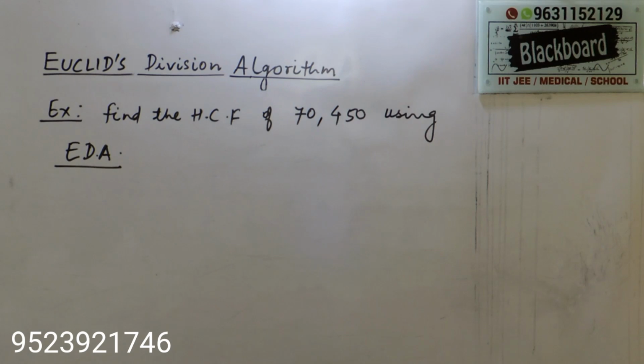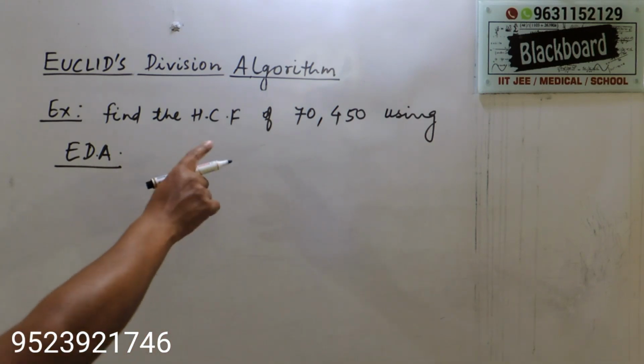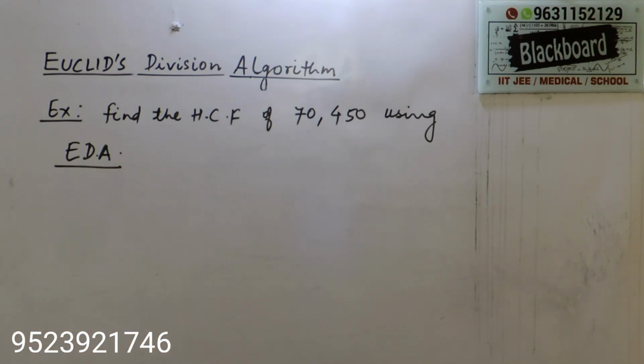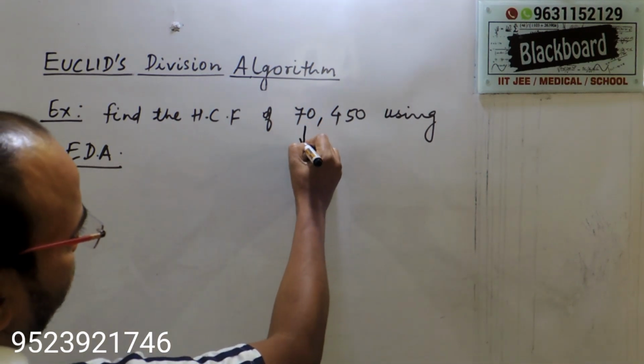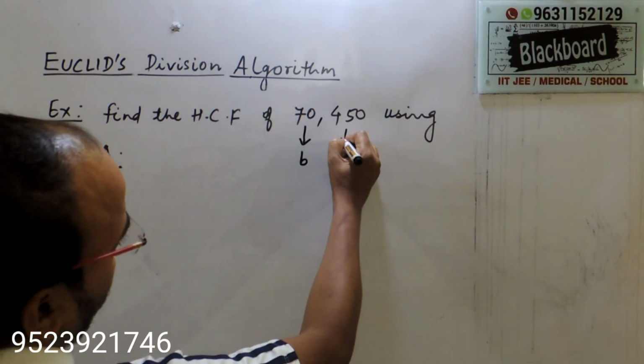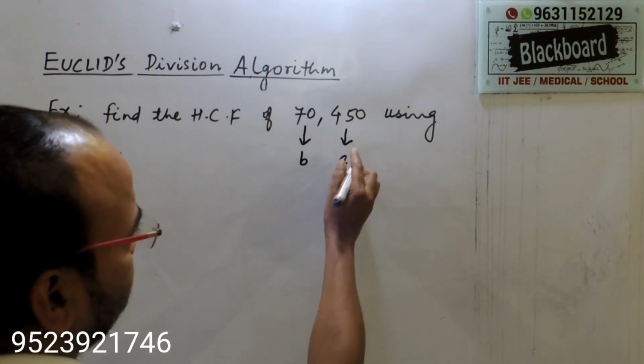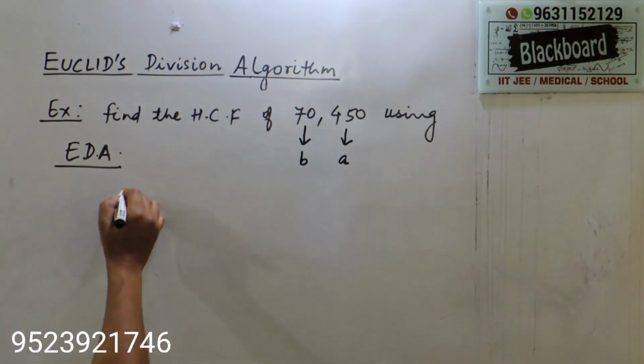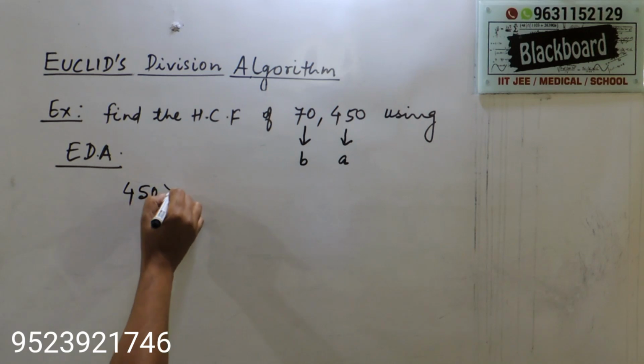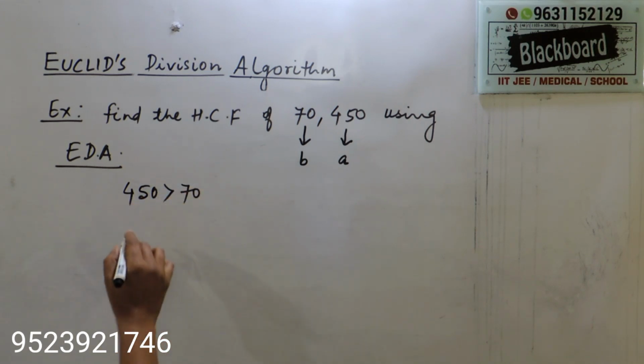You have to use Euclid division lemma to find the HCF of 70 and 450. So first here, let this number be B, 70, and this number be A, 450. A is greater than B, that means 450 is greater than 70.